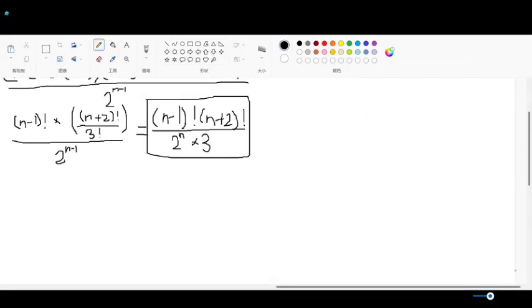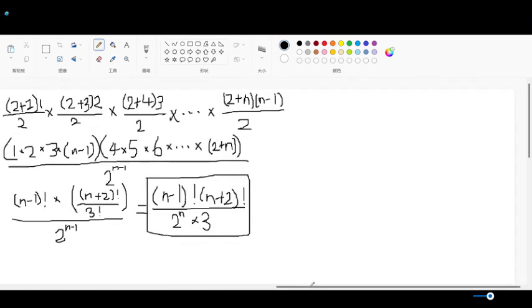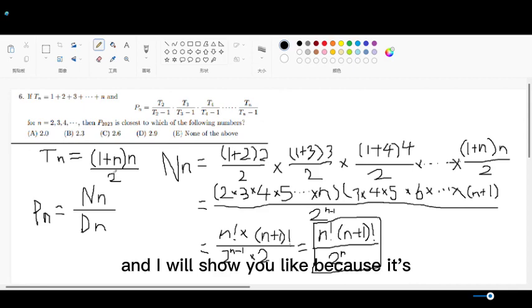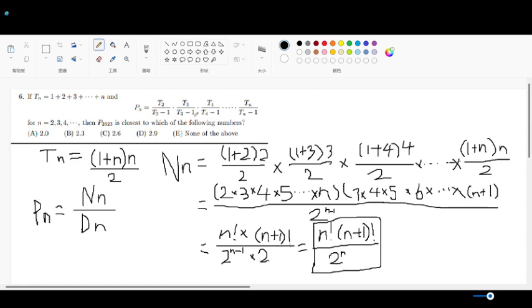Okay, so now, alright, now I will escape my slideshow, and I will show you, because it's so hard to do it on PPT. I'll just do it here. Okay, so basically Tn equals this, you know this, and to simplify, we will define P of n.